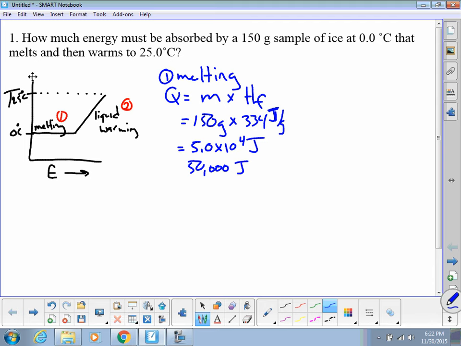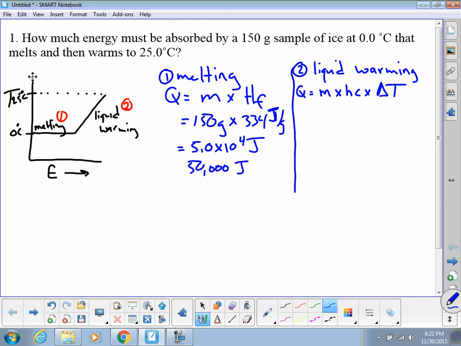So that's step 1. In step 2, now it's all melted, and we're dealing with a liquid that is warming up. So Q equals mass times the heat capacity times the change in temperature. It's still 150 grams. Law of conservation of mass, the mass before and after a physical change or chemical change, in this case physical, remains the same. 4.18 joules over grams degrees C times the temperature change.